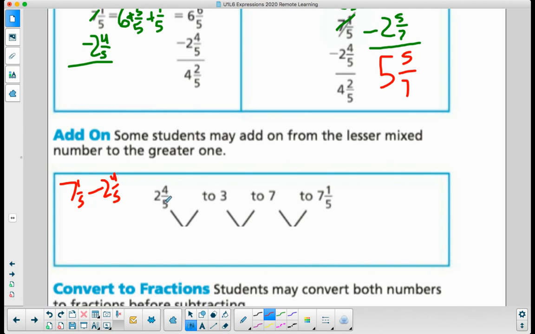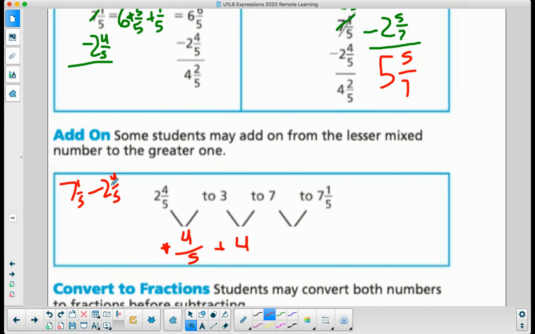I can count up from 2 and 4/5. First, go to the next whole number. How much do I have to go up to go from 2 and 4/5 to 3? Well, I have to go up 4/5. I had to add 4/5. Now, to go from 3 to 7, I have to add 4 more.